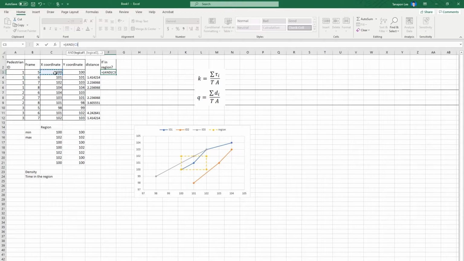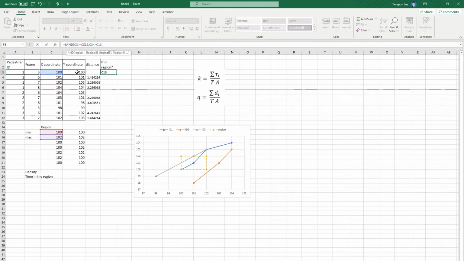It has to be greater than or equal to the minimum of x, but less than or equal to the maximum of x.